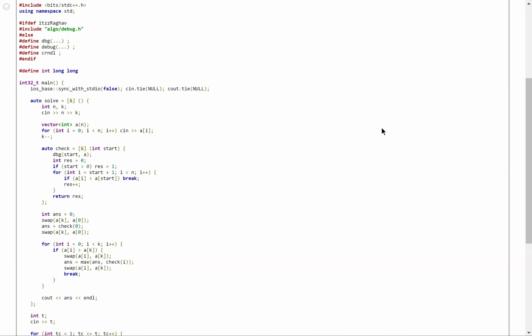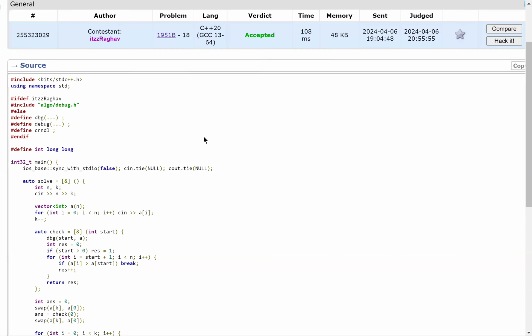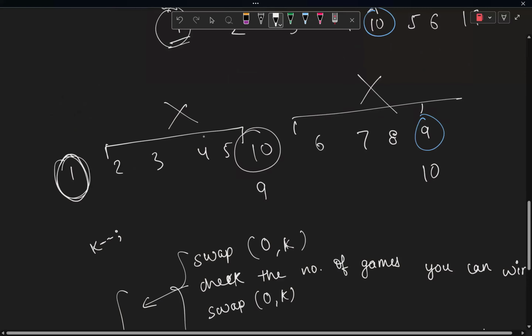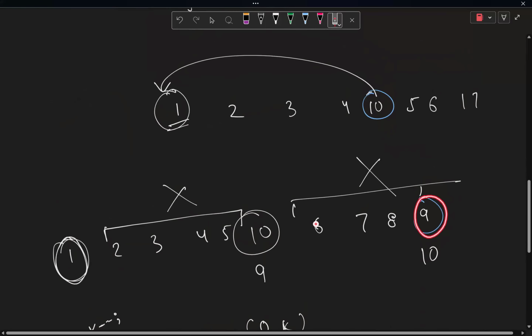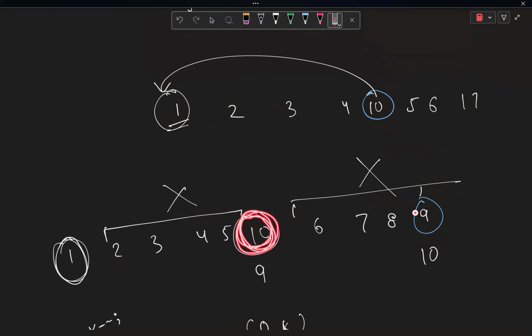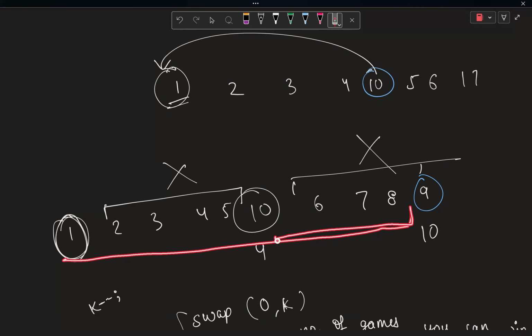Can you explain the significance of AI greater than AK again? See, the thing is, we noticed wherever our cow is, if there is any cow on the left having a greater value than you, then the cows coming up before you will play against each other, and at the end of the day, the cow having the largest value would be winning.